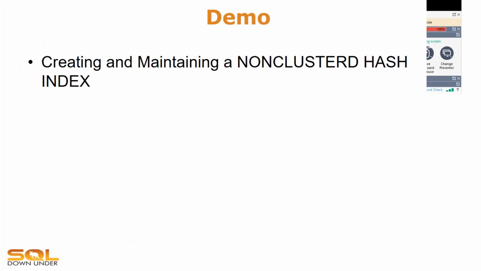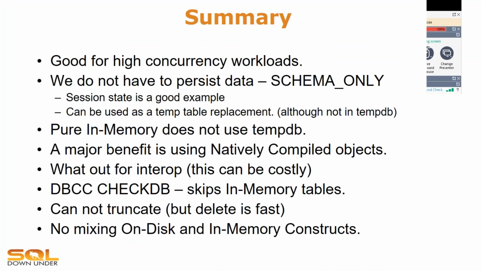Okay, so we're getting to the end of the session here. Let's summarize. In-Memory OLTP, I've found through my own examples, is really good for high concurrency workloads. I personally never got to the point where I've seen SQL Server fall over because concurrency is so immense.